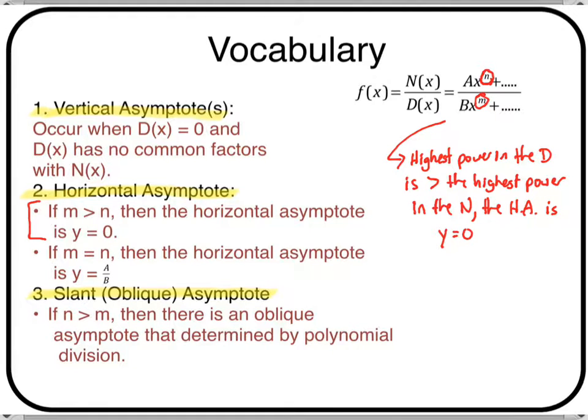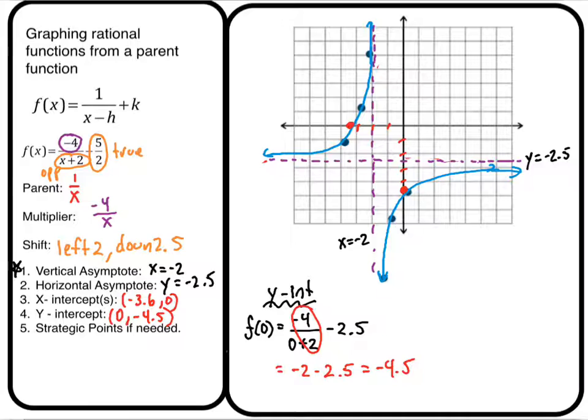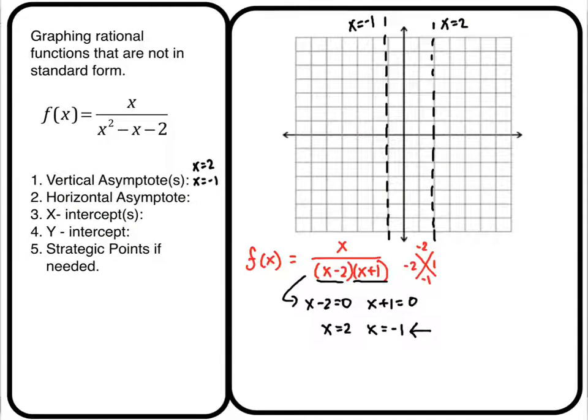So let's look at how that applies to the example we're doing right now. Notice that this is the highest power of 1, and this is the highest power of 2. Since the denominator's power is greater than the numerator's power, the horizontal asymptote is y equals 0.